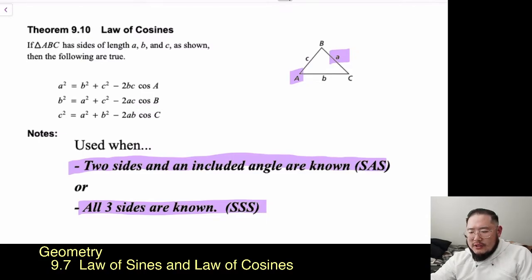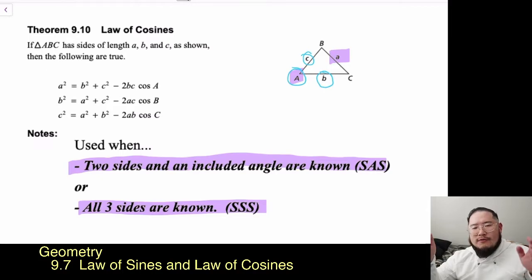But you also need to know the two sides of that included angle. So if I want to find side A, we set it up and use our equation: A squared is equal to B squared plus C squared minus 2 times BC times cosine of A.